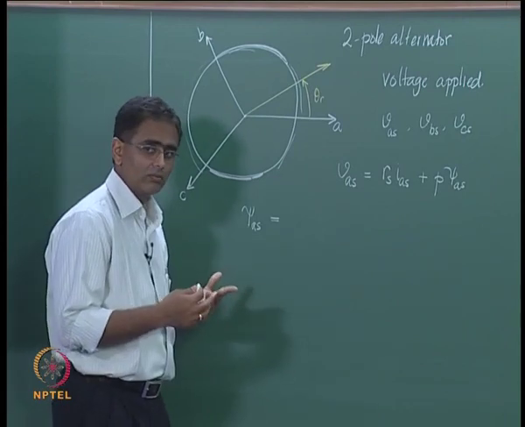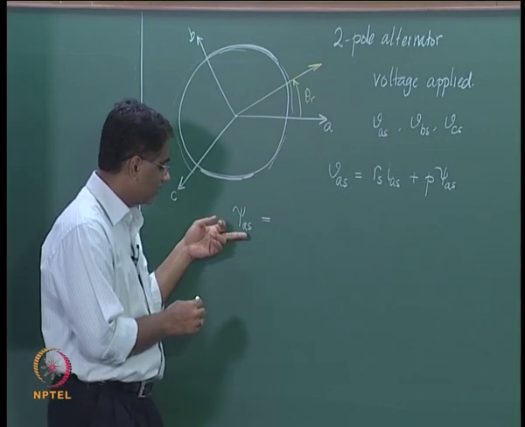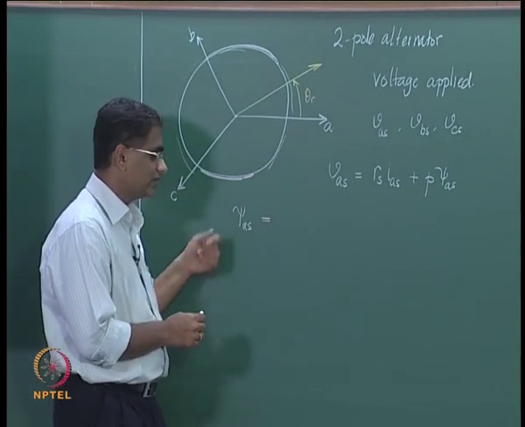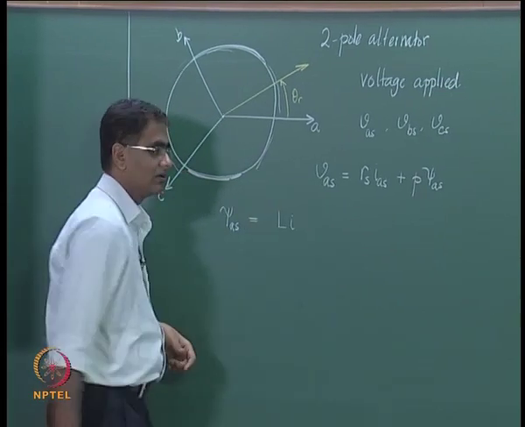So, how do you get these expressions? We know that flux linkage is equal to inductance multiplied by current.